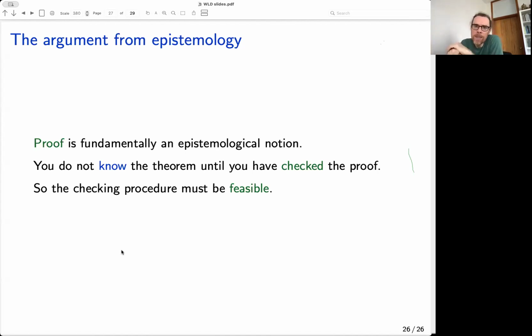I'm totally prepared to grant that for purposes of argument; I think that's pretty plausible. But then the conclusion is supposed to be that, in that case, the checking procedure must be feasible. To know the theorem, you have to check through the proof. So if you're ever going to know any theorems, it has to actually be feasible to check the proofs, or you couldn't know any theorem. So that's the argument.